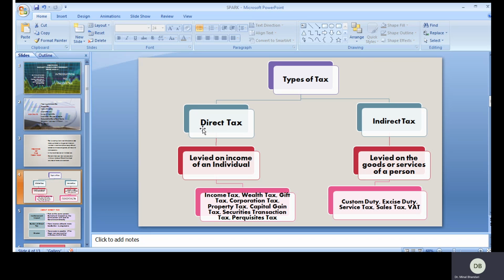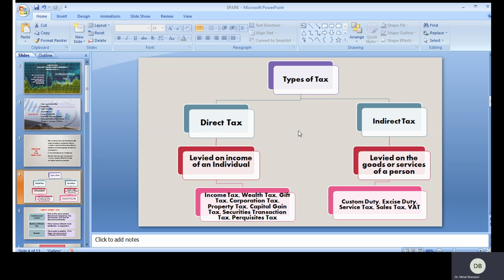tax to the shopkeeper, and that shopkeeper accumulates the tax and pays it to the government. That means the shopkeeper, manufacturer, seller, wholesaler, retailer, whoever is playing the role of intermediary, collects the tax from the consumer and pays it to the government.